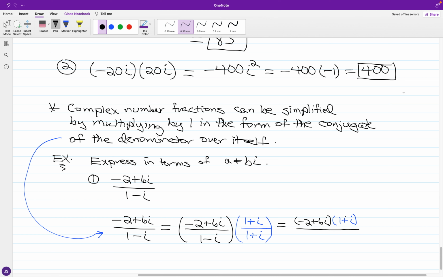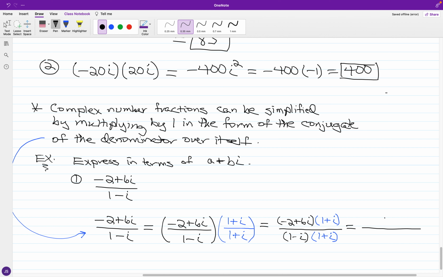okay, so sorting together what we have now. In the numerator, I have negative 2 plus 6i times the quantity of 1 plus i. Foiling out, I got negative 2.